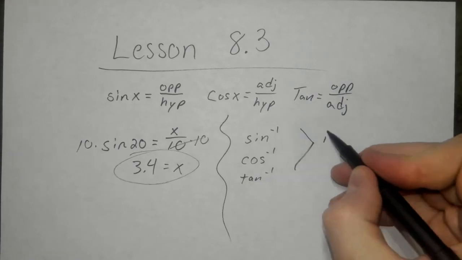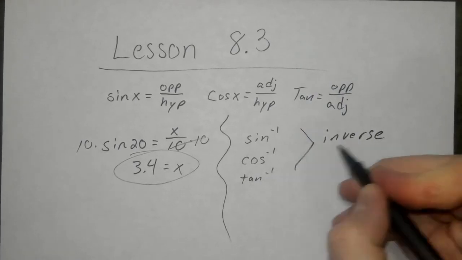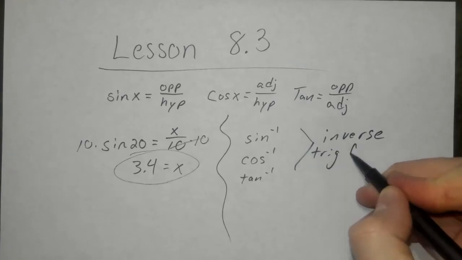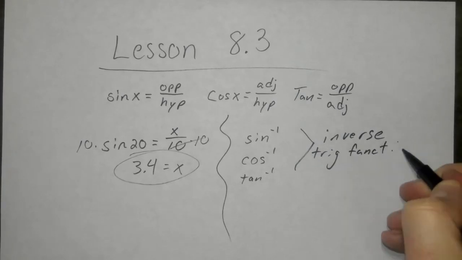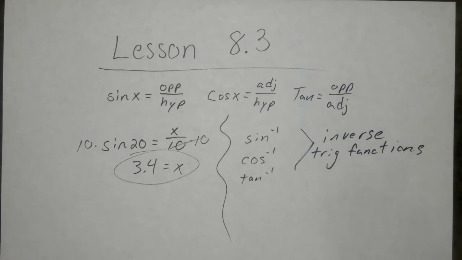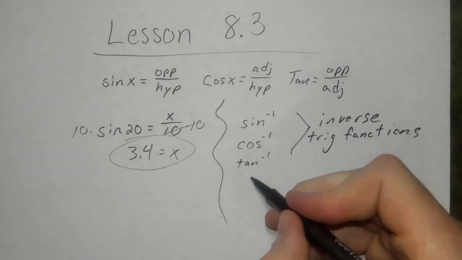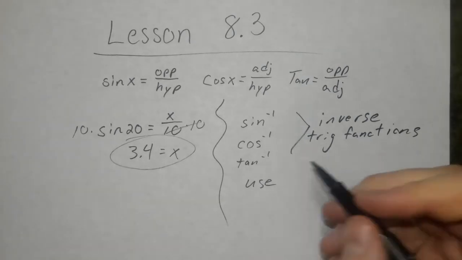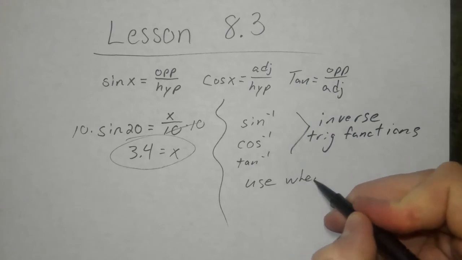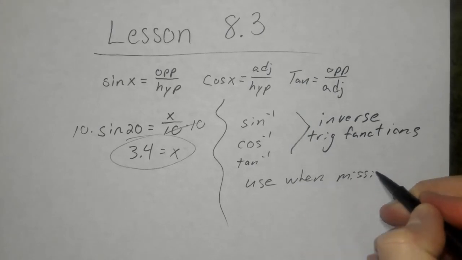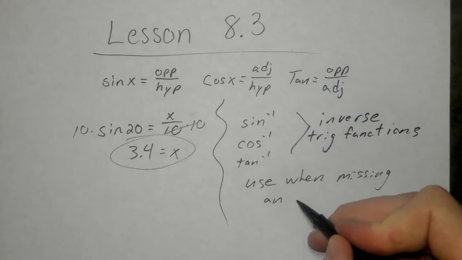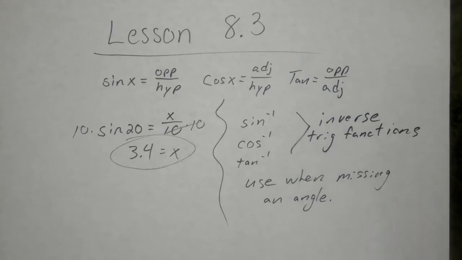These are all called inverse trig functions. Okay, and we use these when missing an angle.